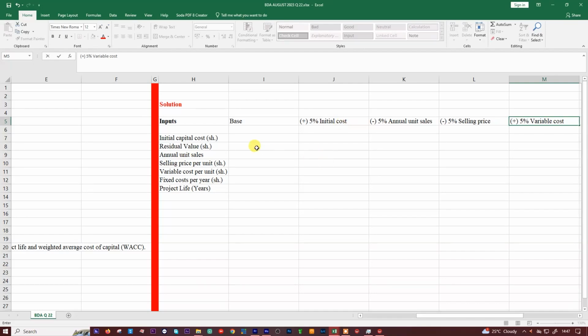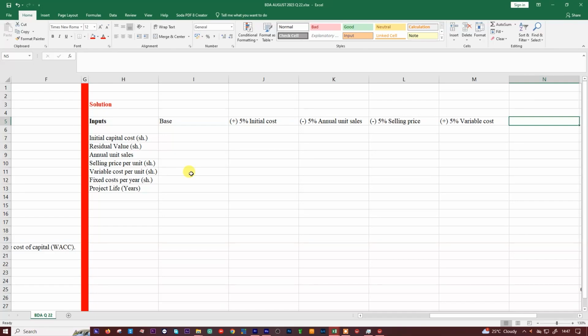And then we're just following these components right over here. So we began with the initial cost, then we went to the annual unit sales, then the selling price, then the variable cost of 5%, and then residual value, negative 5%. I think I forgot fixed cost.